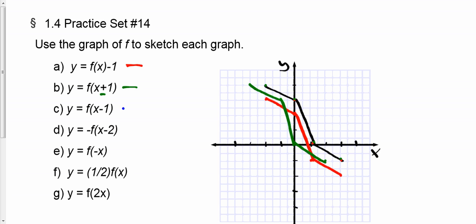Letter C is f of the quantity x minus 1. And because of this minus sign, I know I'm moving to the right 1 unit. So I take this piece right here, and that goes here. This part goes here.